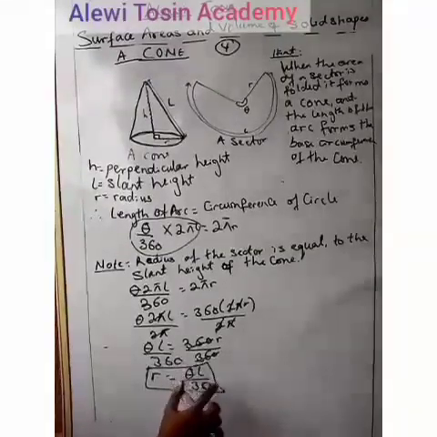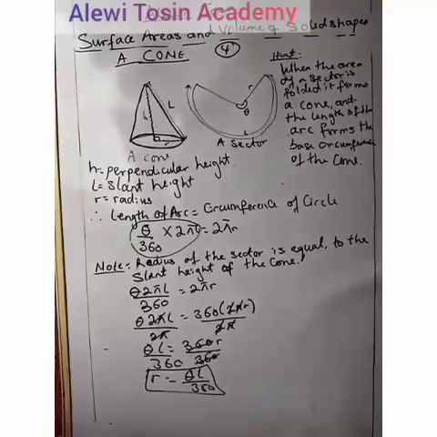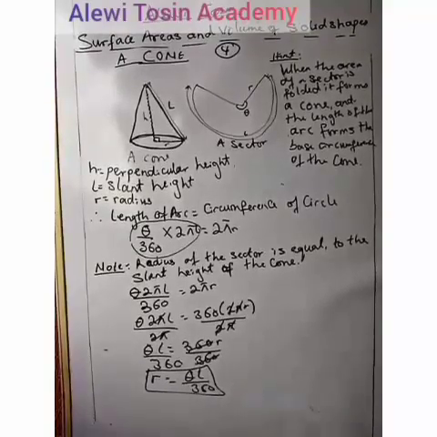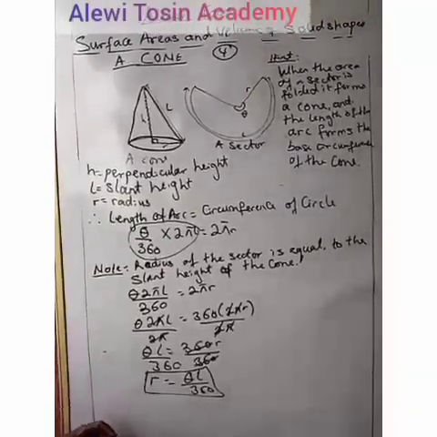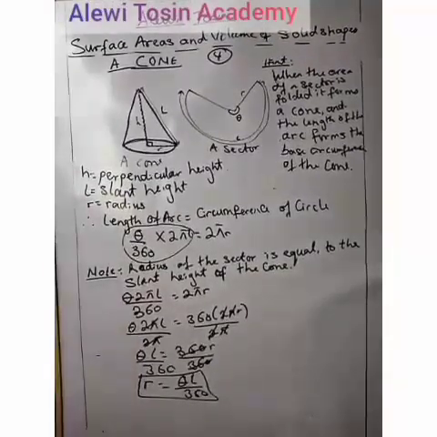So the slant height of the cone is equivalent to the radius of a sector. So that will be the first formula we'll be deriving, and it's very useful in our consequent questions.